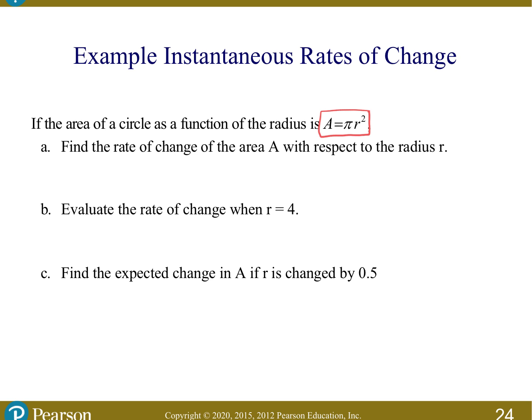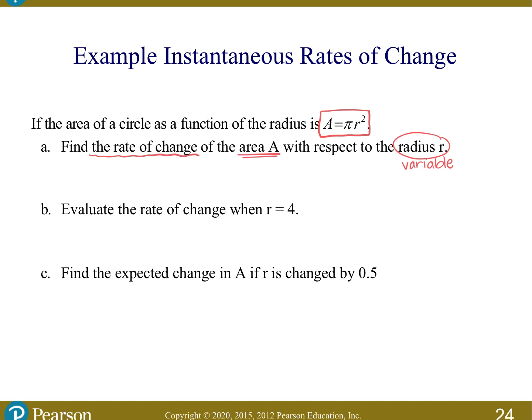If we're asked to find the rate of change with respect to the radius r, so the radius r is the variable. What we want to remember is that pi is not a variable. Pi is a constant, same as the number 5 would be a constant, or the number 13. Pi is a constant.